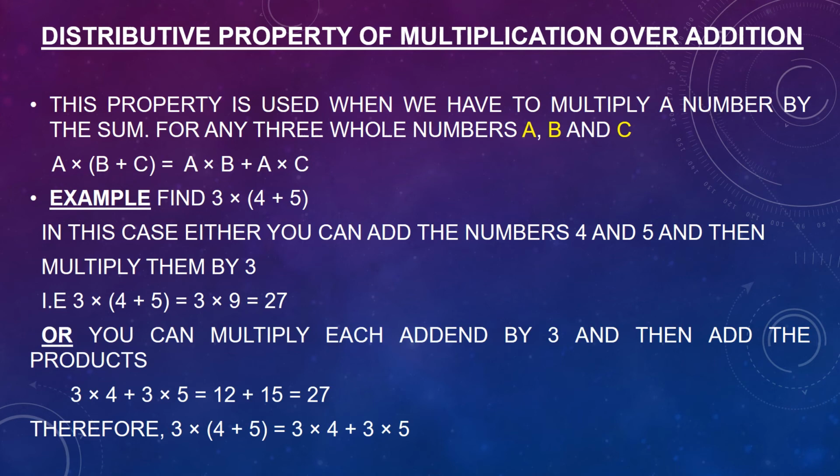Or you can multiply each addend by 3 and then add the products. 3 × 4 + 3 × 5, which is equal to 12 + 15, which is equal to 27. Therefore, 3 × (4 + 5) is equal to 3 × 4 + 3 × 5. This is the distributive property of multiplication over addition.